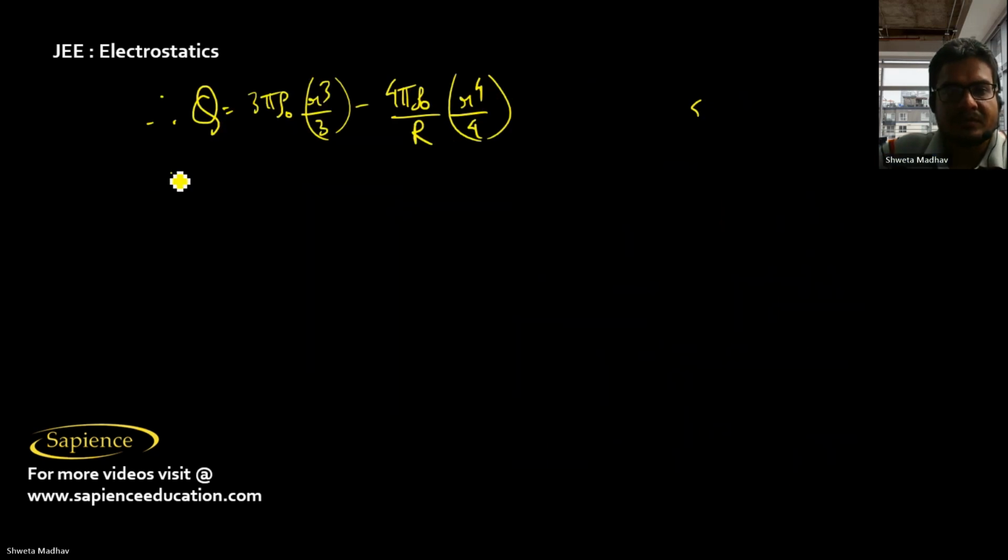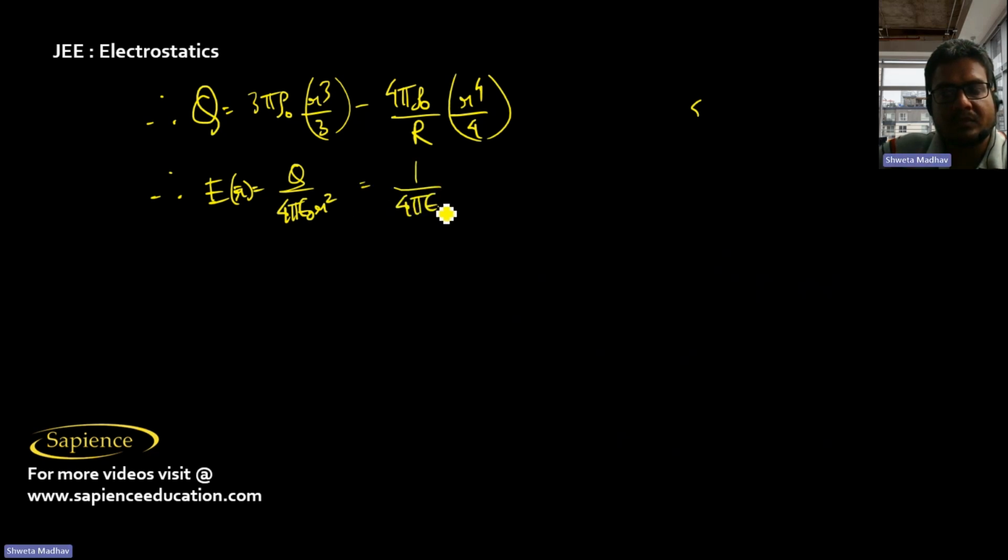So now the electric field at the point r is equal to q by 4 pi epsilon naught r square, which will be equal to 1 by 4 pi epsilon naught r square into 3 pi rho naught by 3 into r cube minus 4 pi rho naught r power 4 by 4R.